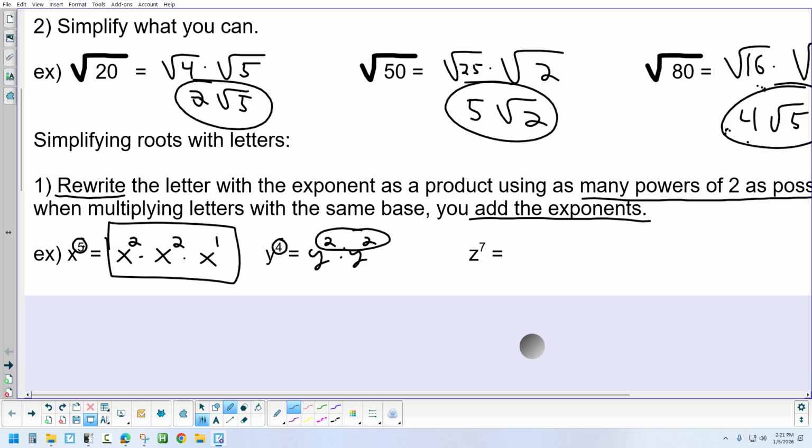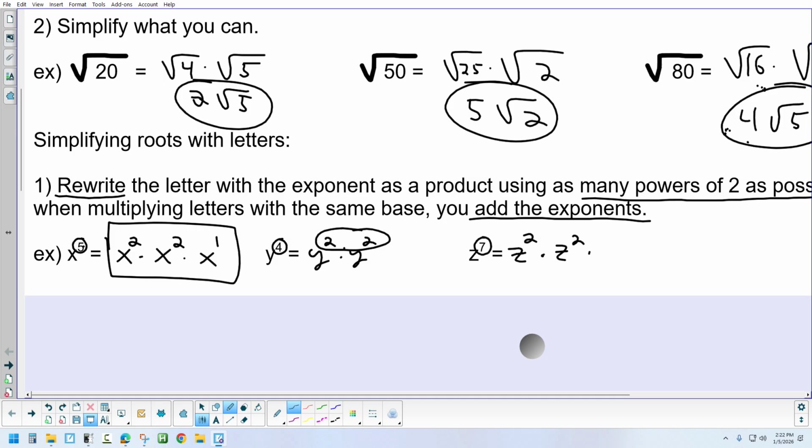Okay. Let's look at z to the 7th. So we're going to break that one up. Caleb, when I break up z to the 7th, can I break that up with at least one z to the power of 2? Yep, we can do 1 times. Can I do another z to the power of 2? Yep. Okay, remember, we're adding these together and we don't want to go over that number.